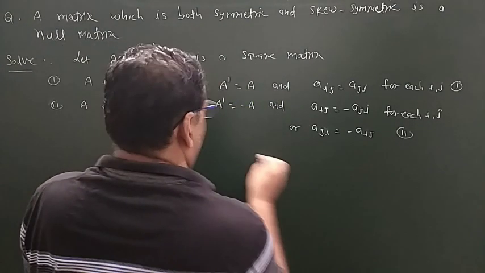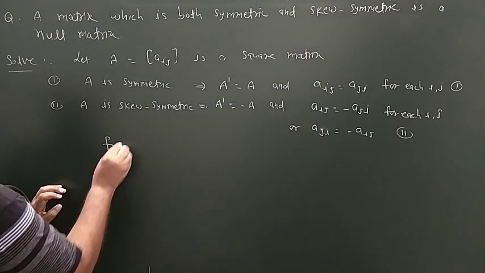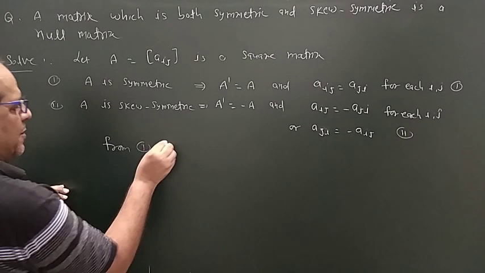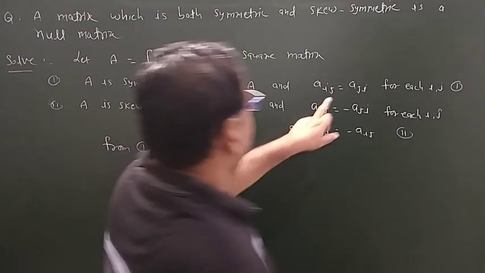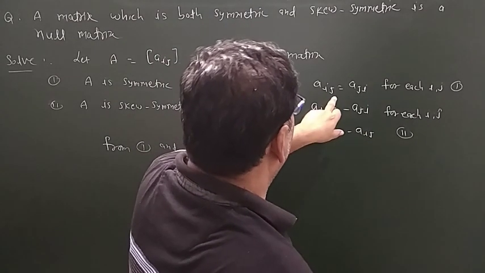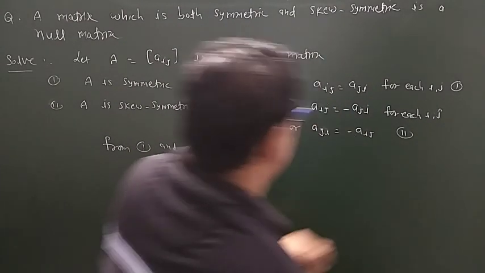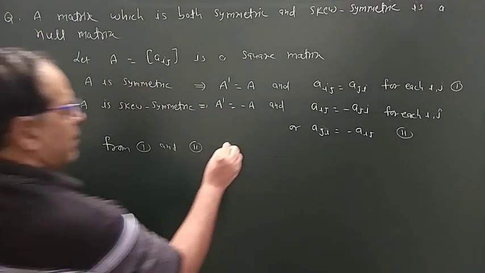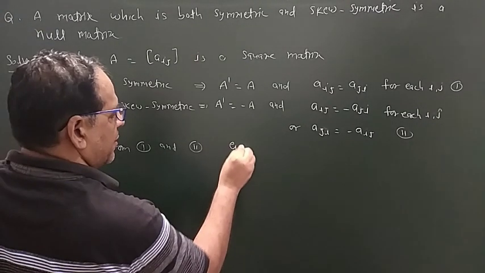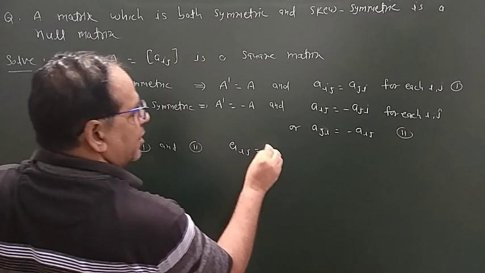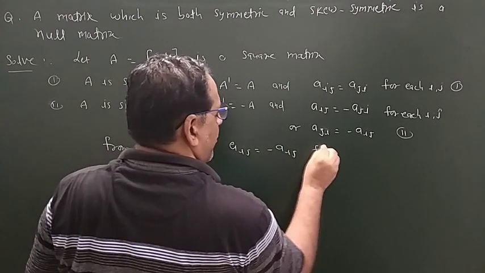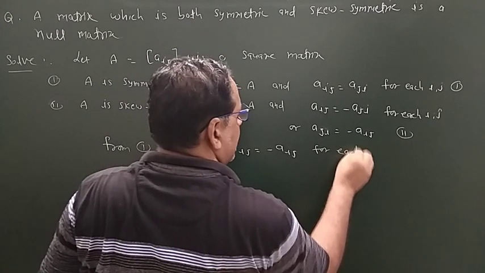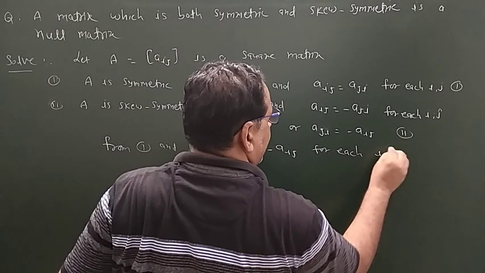So here from first and second, here Aji equal to Aij, here Aji equal to minus Aij. So from first and second we have Aij equal to minus Aij for each i, j.